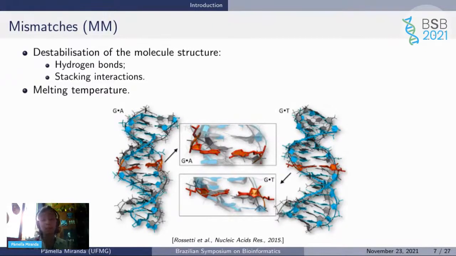Mismatches are usually associated with the destabilization of the molecule structure, changing the conformation of hydrogen bonds and stacking directions. Here you can see an example, a GA mismatched pair in red and a GC canonical base pair in gray. So we can observe a slight difference in the conformation between both. Also, mismatches affect the melting temperature, which is the parameter we focus on in our work.